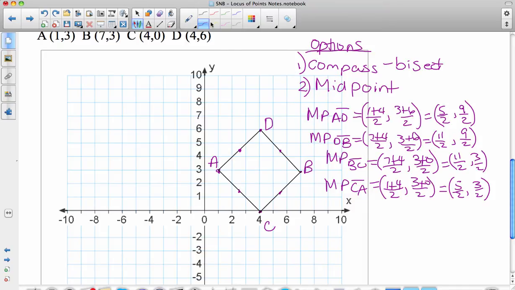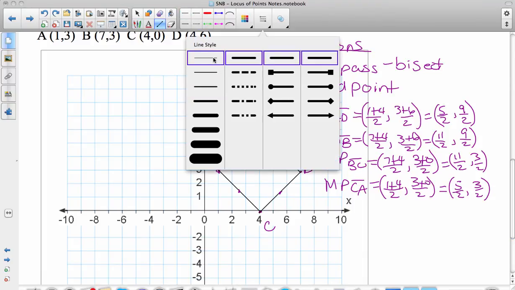And so now we need to connect those midpoints and see what the ordered pair is going to be.